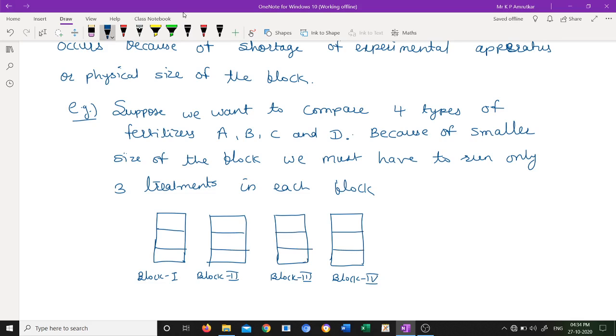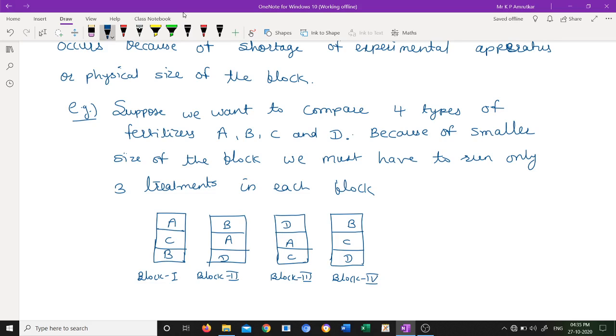Now this is not an RBD, because in RBD the block size is the same as the number of treatments. Suppose here we apply A, C and B. Here we apply A, B and D. Here we apply D, A and C. And in the last block, suppose we apply B, C, D.